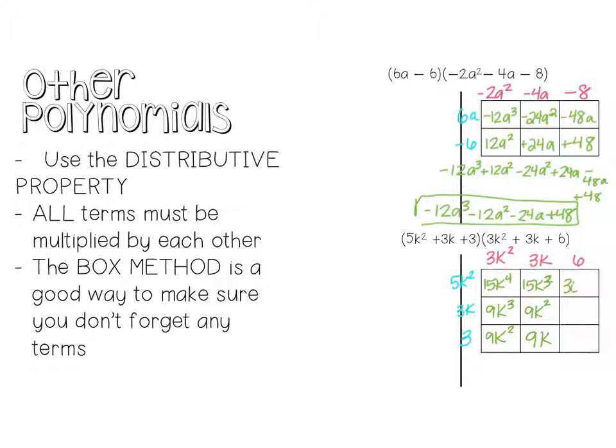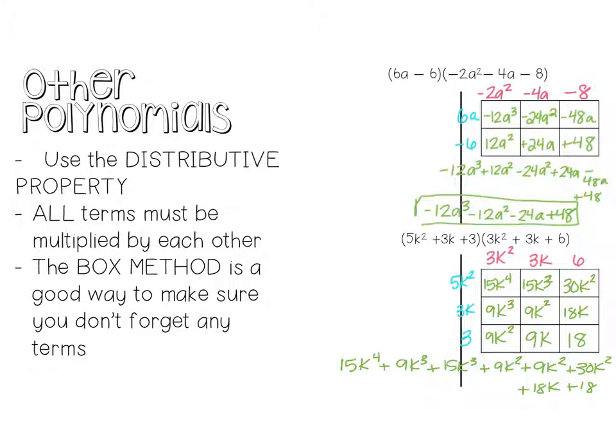This will be 30k squared, 18k, and 18. So when I write that out, I'd have 15k to the 4th plus 9k cubed plus 15k cubed plus 9k squared plus 9k squared plus 30k squared plus 18k plus 18.